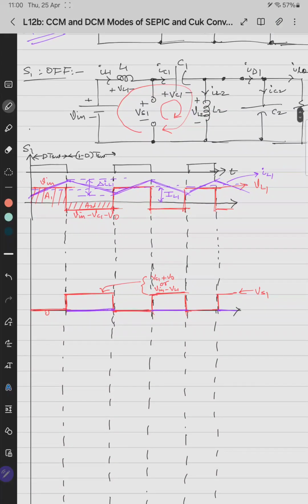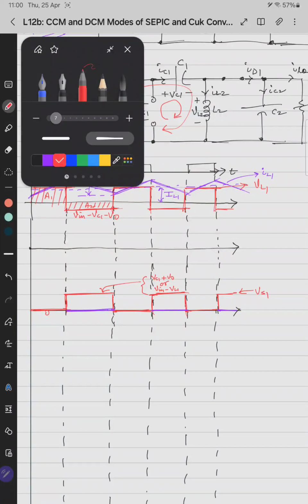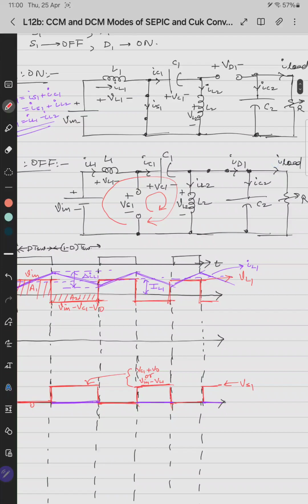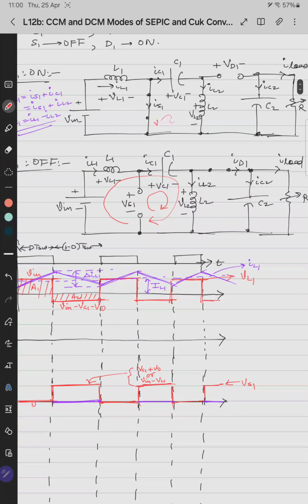So first we'll draw the waveform of the second inductor, VL2. In the first case, what is VL2? VL2 equals minus Vc1, because switch 1 is shorting it.